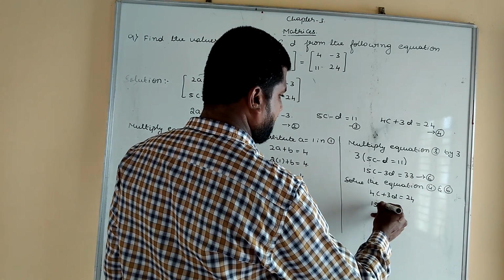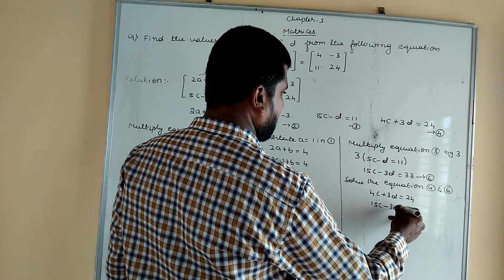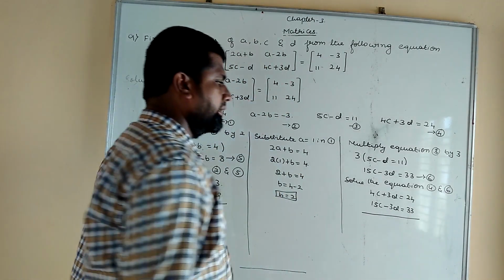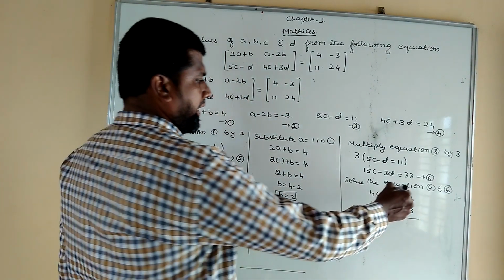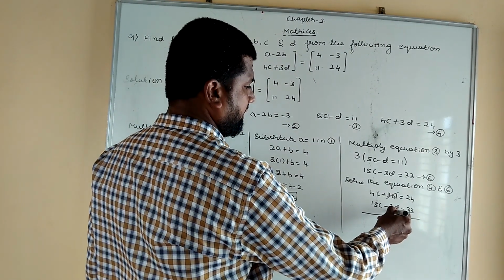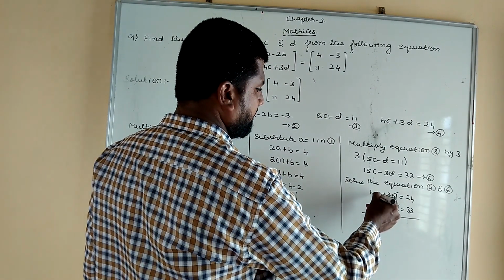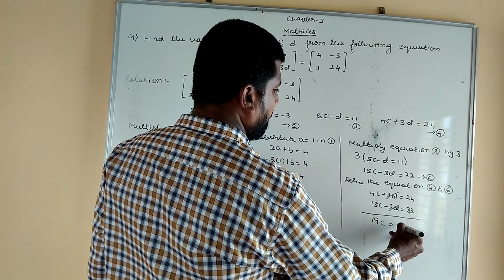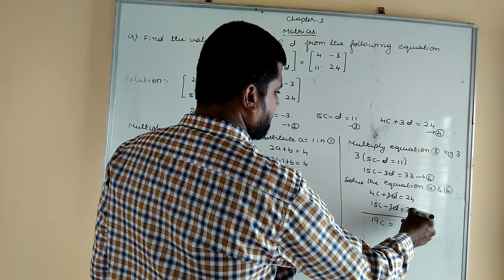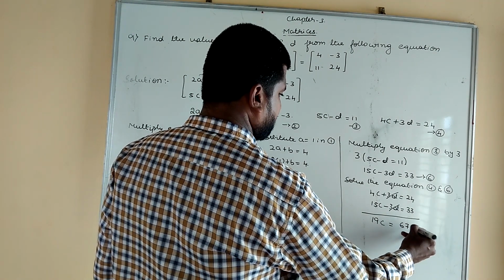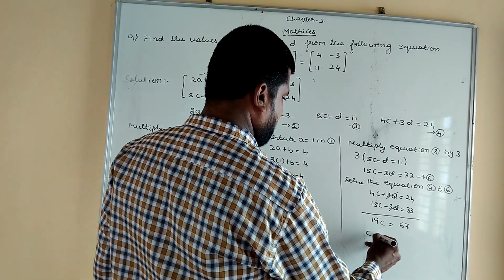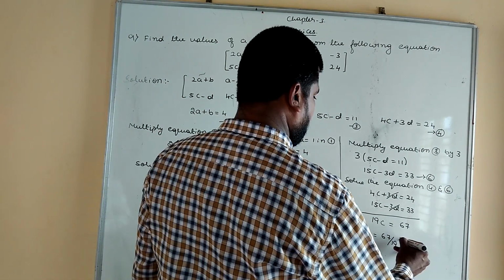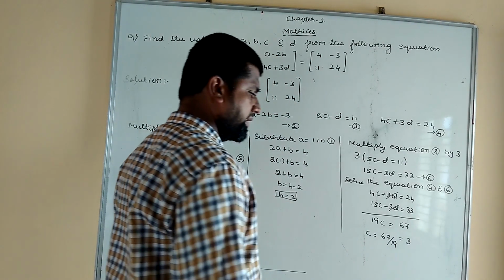Then 15C minus 3D is equal to 33. 3D minus 3D gets cancelled. If you add these, 15 plus 4 is 19C. Then 24 plus 33 is 67. C is equal to 67 by 19. If you divide, you will get the value. C value is 3.